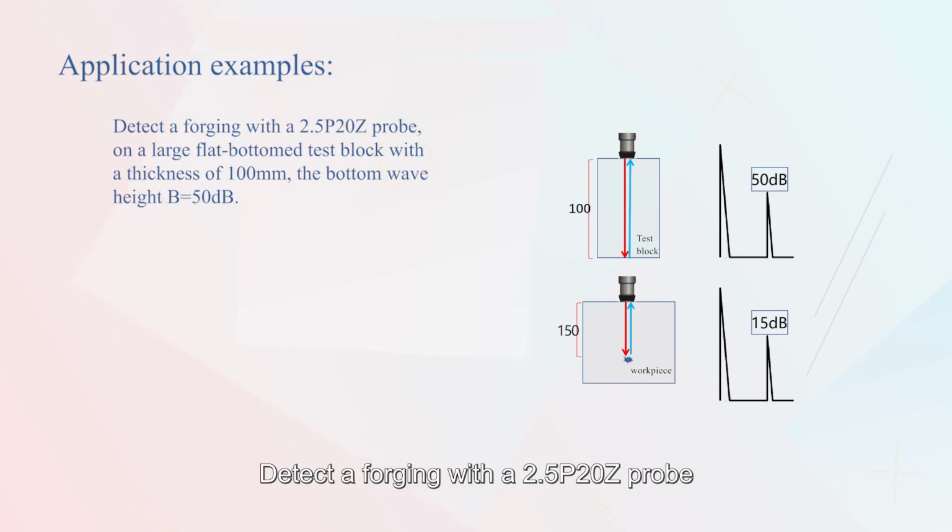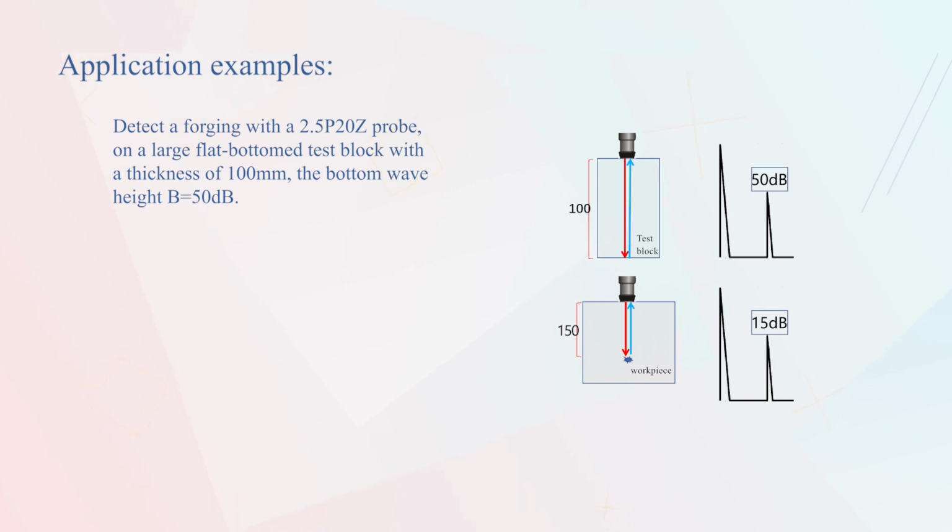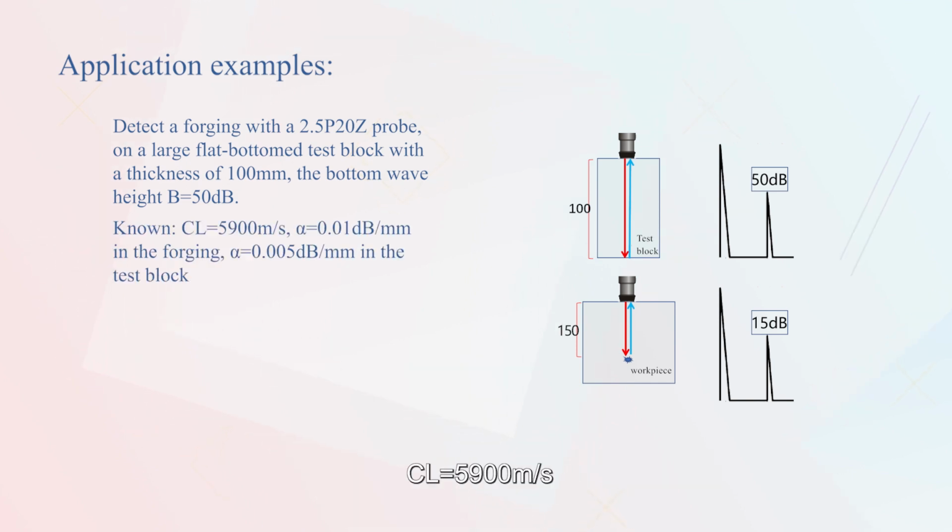Detect a forging with a 2.5P20Z probe on a large flat-bottomed test block with a thickness of 100 mm. The bottom wave height B is equal to 50 dB. Known CL is equal to 5,900 m/s.